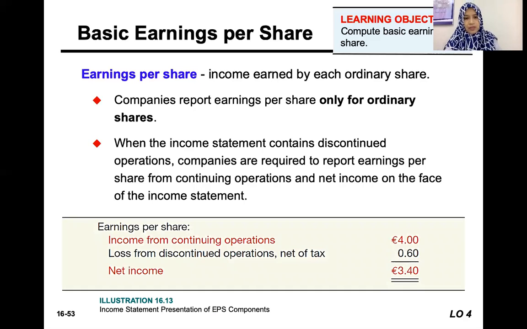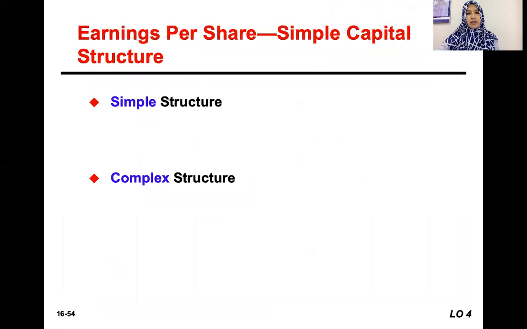So, for example, in this illustration, earnings per share would be split into income from continuing operations and loss from discontinued operations, net of tax. So we get the net income. If it doesn't have any discontinued operation, then such disclosure is unnecessary.